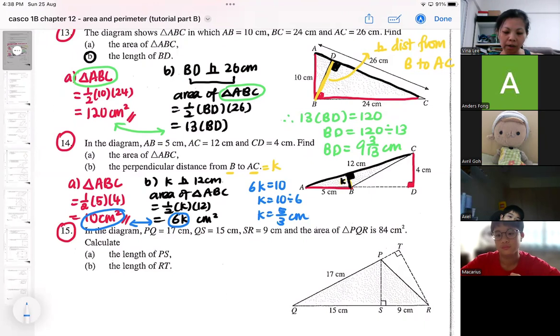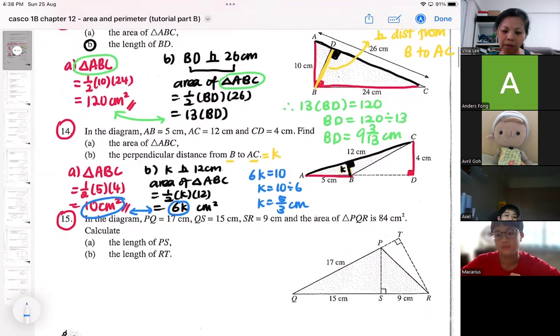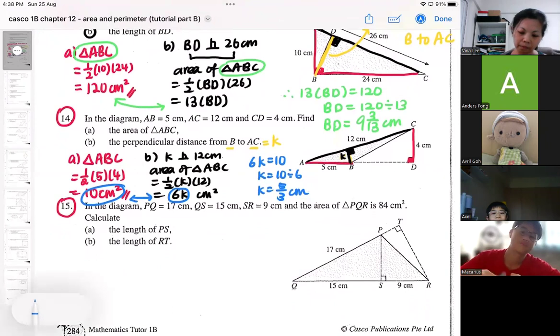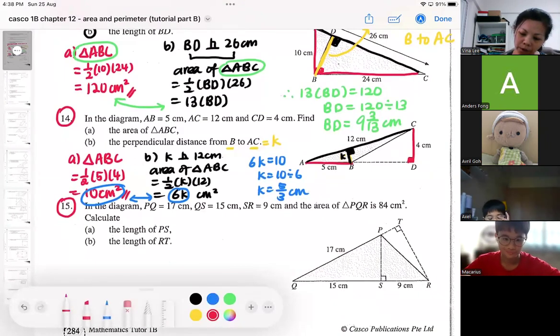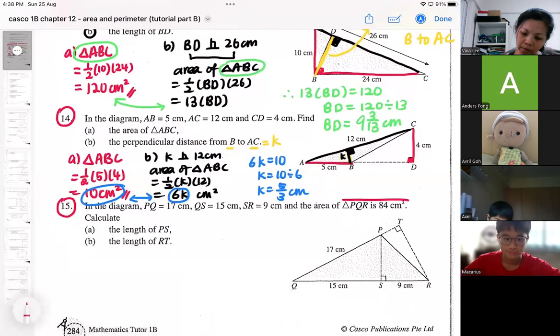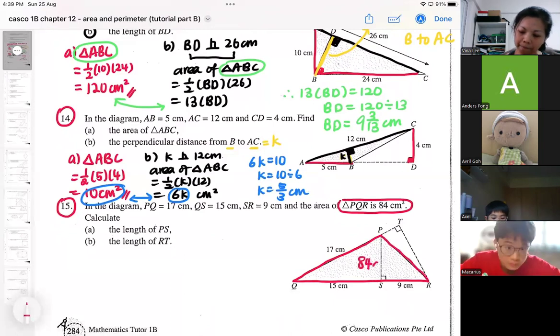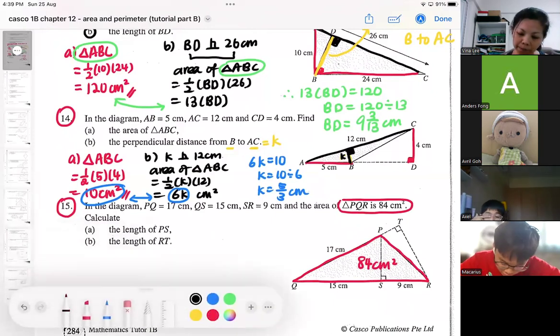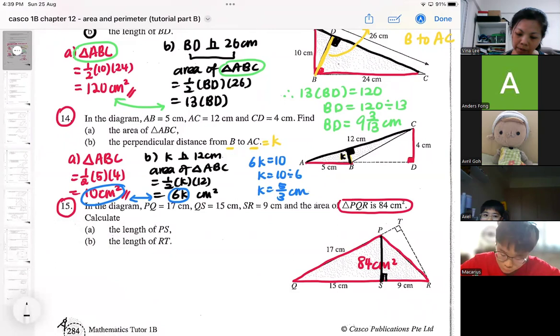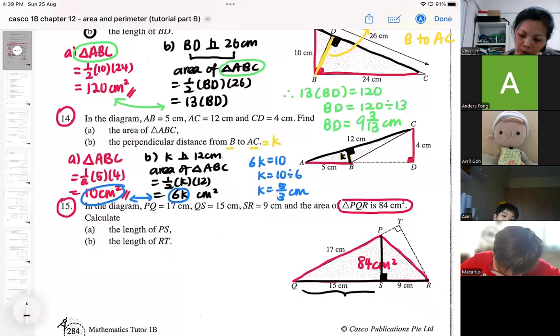So the next one, maybe it looks a little bit different, but it's actually the same thing. They gave you an area here, this whole thing to be 84, and that should help us to find PS, because PS is perpendicular to this whole length.